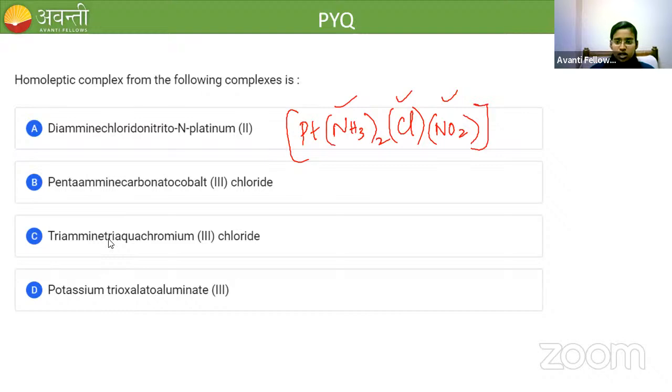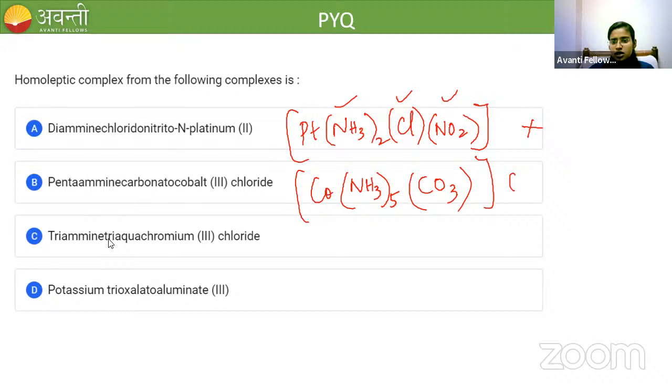So this is not a homoleptic complex. Okay. Next, coming to option B, we have pentaamine. Penta means five. So 5-amine carbonato. Carbonato means CO3. Carbonato cobalt 3 chloride. Only one chloride will be there. So here also we have two types of ligand. So it is also not the homoleptic complex.